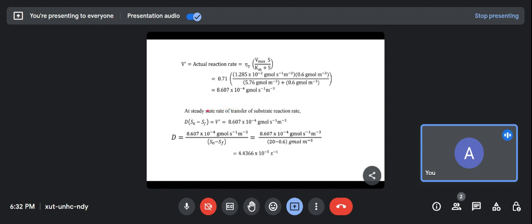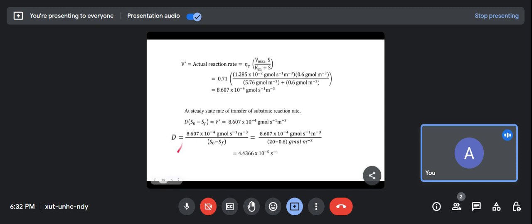And at the steady state of transfer, the actual reaction rate will be equal to the rate of consumption of the substrate, which will be equal to the input of the substrate minus the output of the substrate, right? So that is equal to the dilution factor into the initial substrate minus the final substrate. Okay.